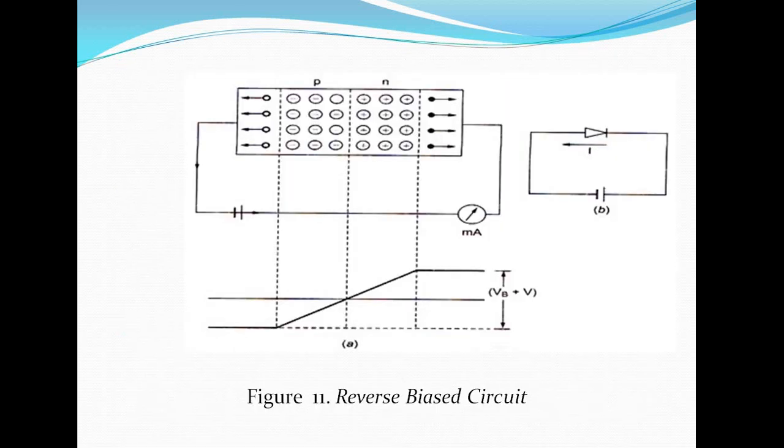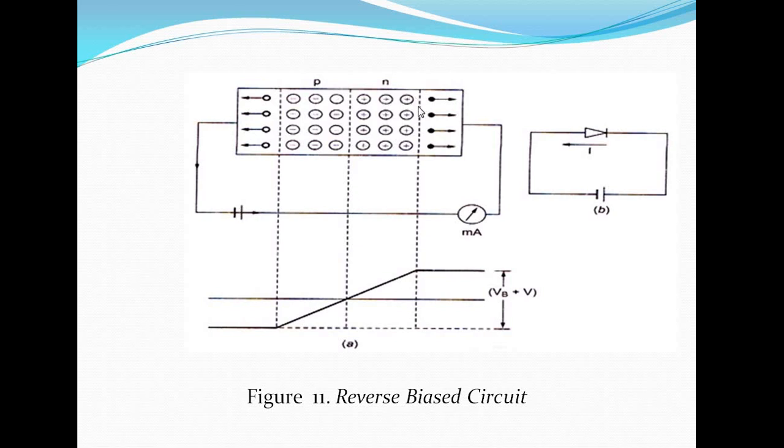Here you observe that the p-type region is connected to the battery negative terminal, and the n-type region is connected to the battery positive terminal. In the p-type, the majority charge carriers are holes. These holes are attracted by the negative terminal, and the electrons on this side are attracted by the positive terminal.